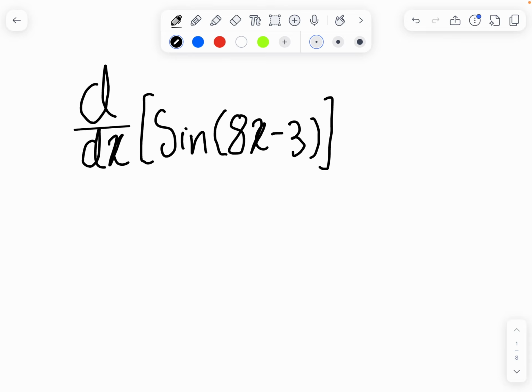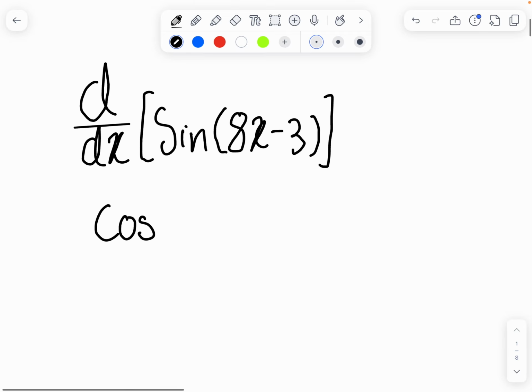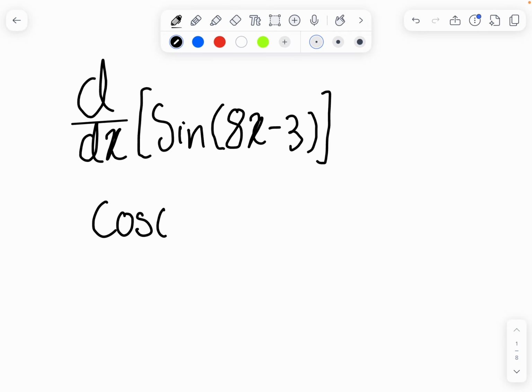If we represent 8x minus 3 as just u, then sine of u would differentiate to cos of u. And now when we sub back in u, we get cos of 8x minus 3. Now we need to differentiate the inside.